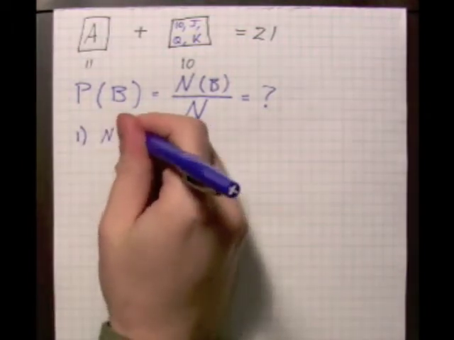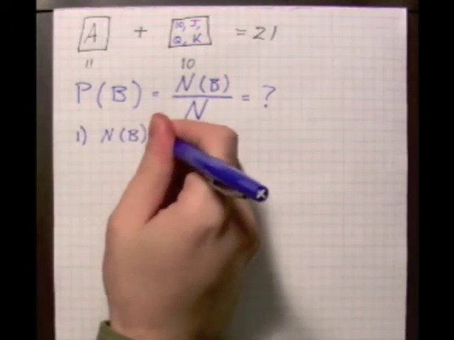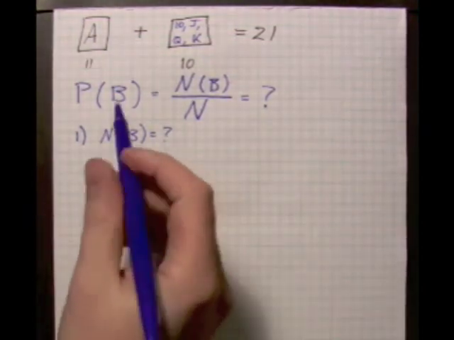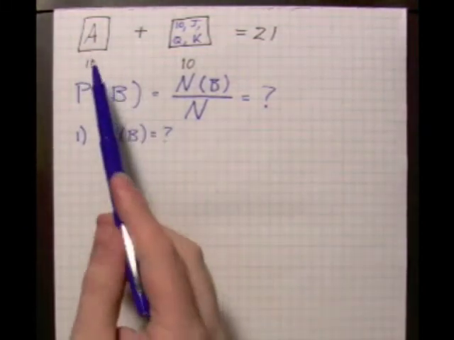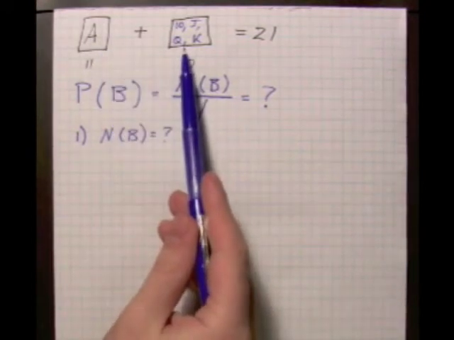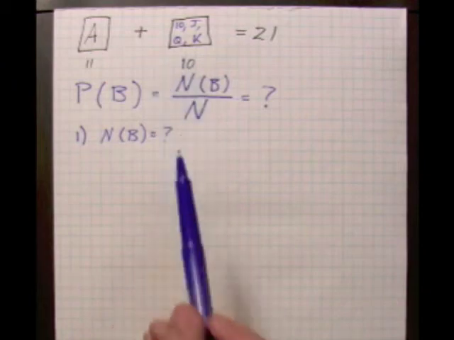So what is N(B)? What is the number of ways that we can make a blackjack? Well, I've already described how a blackjack can happen. You need to have one of the aces matched up with one of the cards valuing 10.